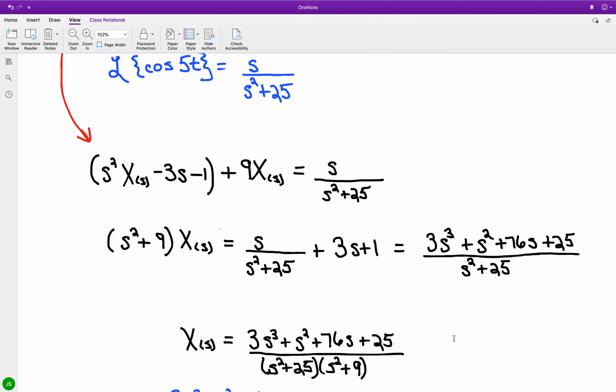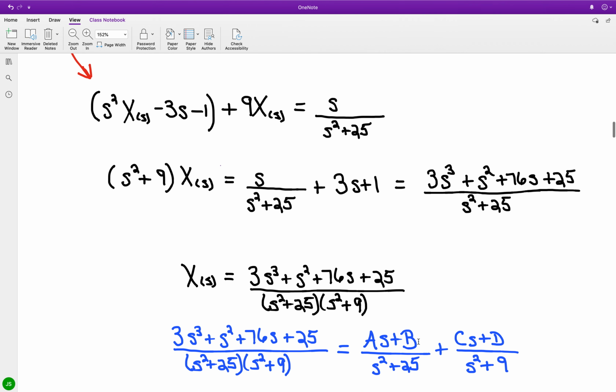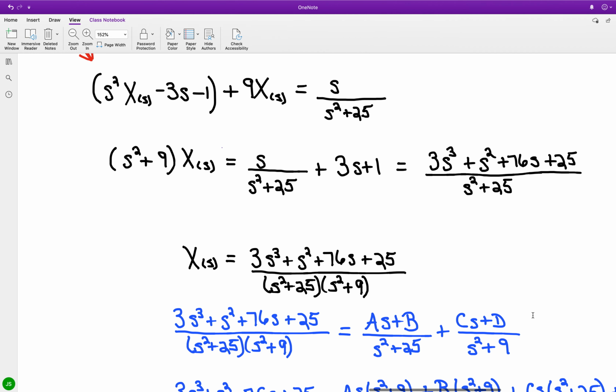Taking this ratio and writing it in terms of partial fraction decomposition, we want to maintain a 1 degree difference between the denominator and the numerator, so the numerator will be a linear expression in s.